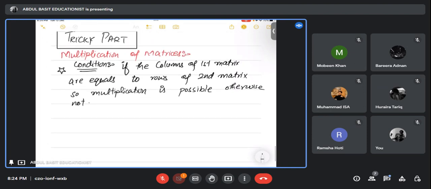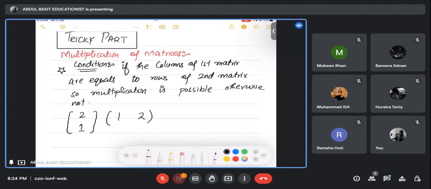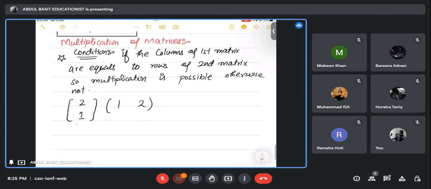Just let me write a few matrices. As I can see, in this first matrix I have one column, and in this second matrix I have one row. So it's possible.